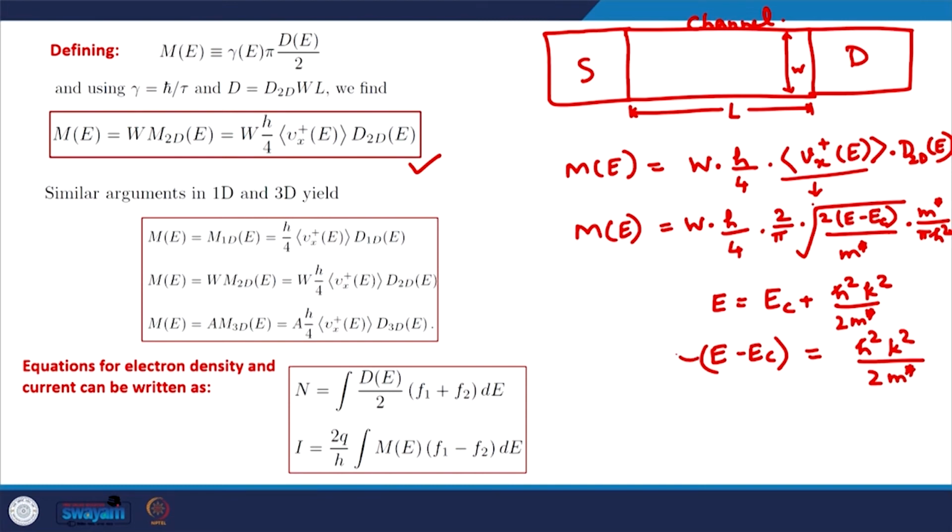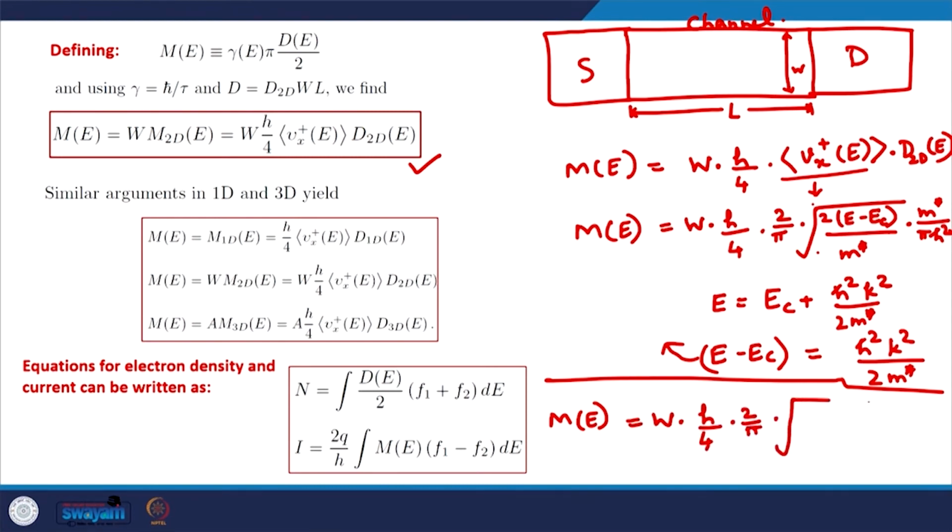So if we put this value of E minus EC into this expression, the expression of modes, this will further simplify to W times h by 4 times 2 by pi into E minus EC, which is h bar square K square divided by 2 m star, into m star.